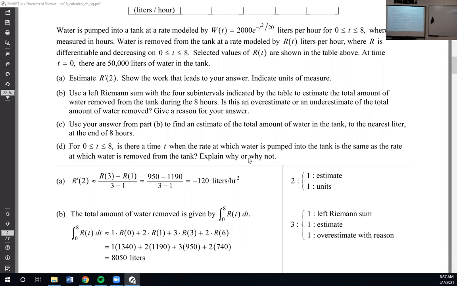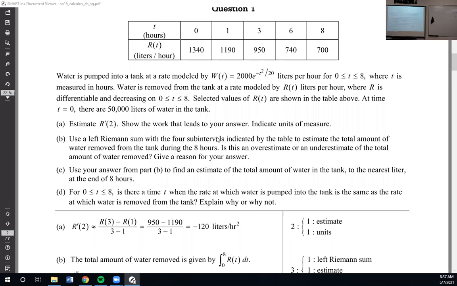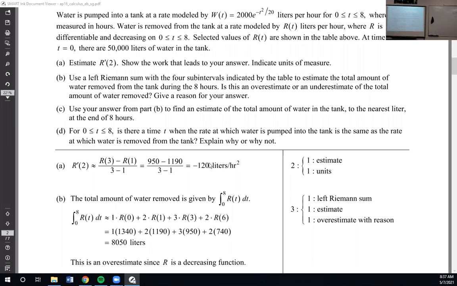Overestimate or underestimate for Riemann sums is determined by increasing and decreasing. So this is a left Riemann sum, and this function is decreasing. So if you draw the picture, you'll see that that's going to overestimate the actual curve.